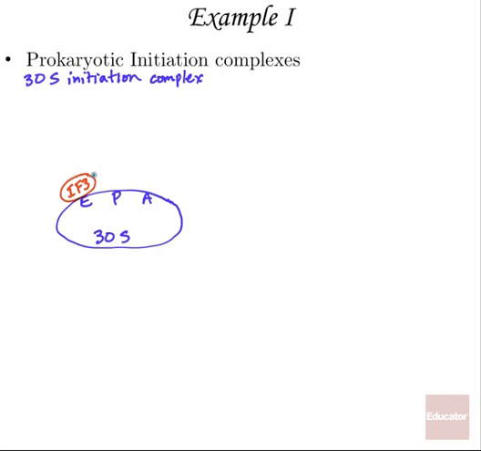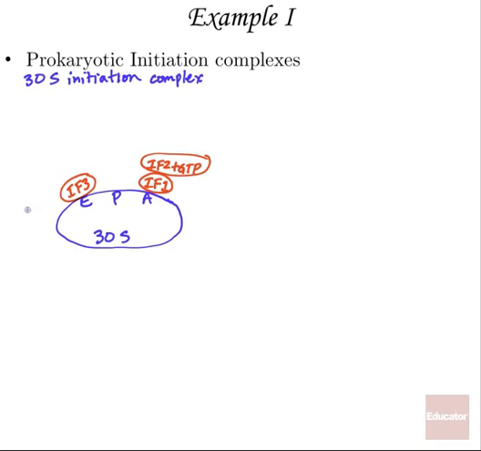Okay. We then have IF1 binding the A site. We also have IF2 and GTP binding IF1.